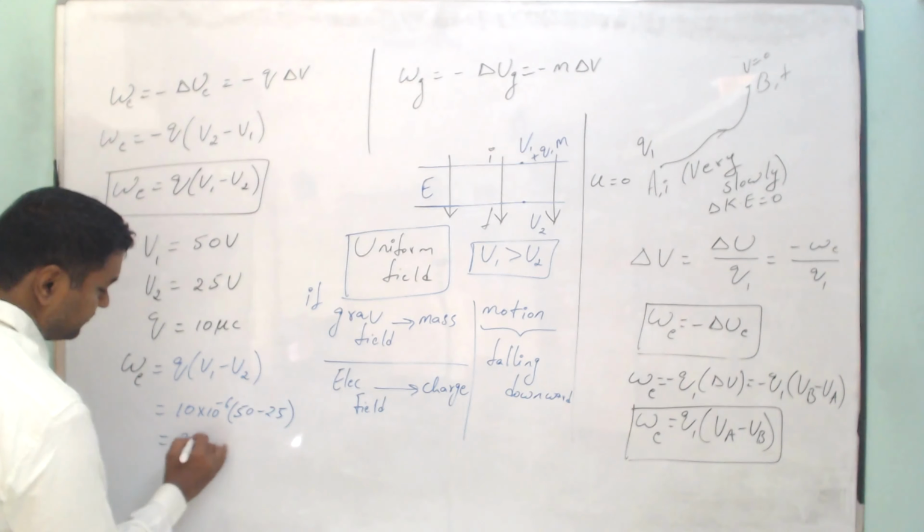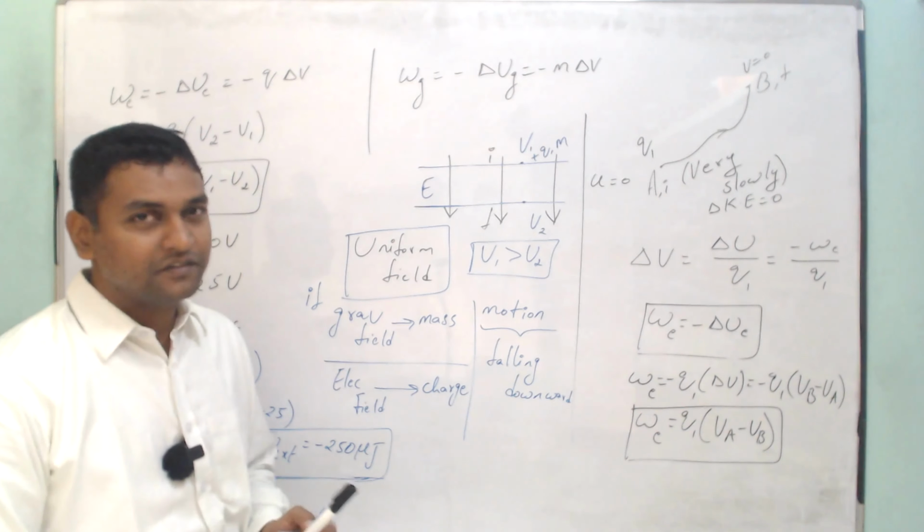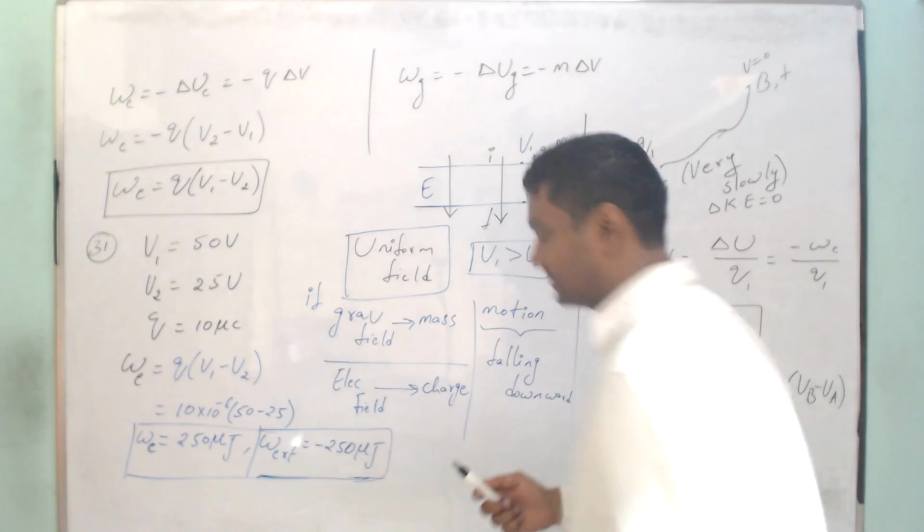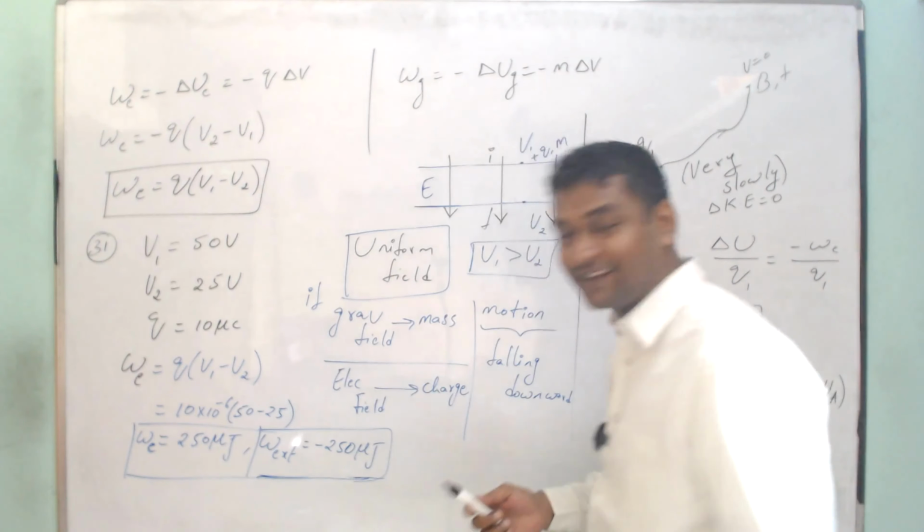So can I say work done by the external agent is minus 250 microjoules? But there is no external agent in this question. Wait, I'll explain.